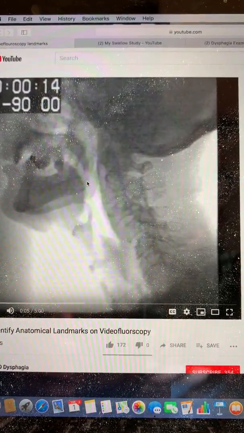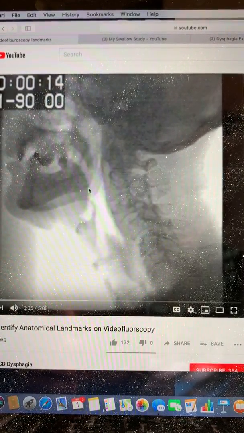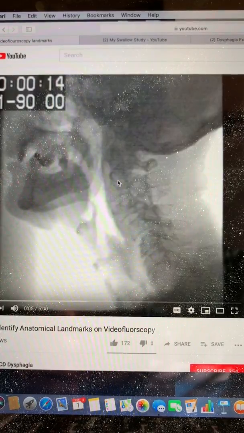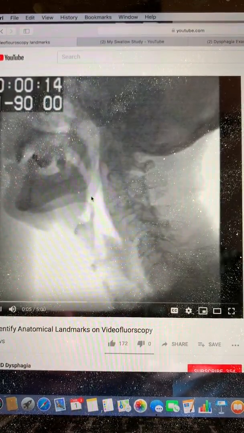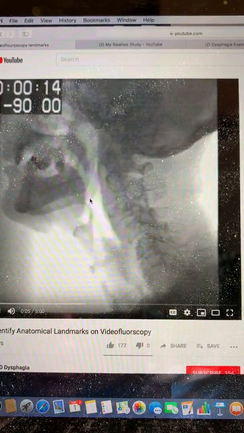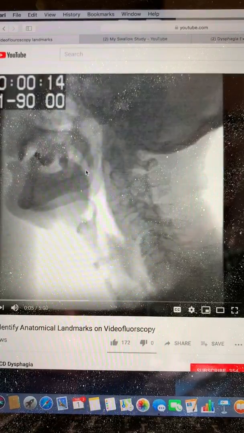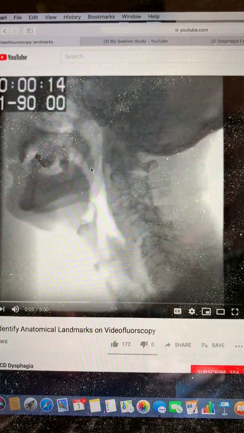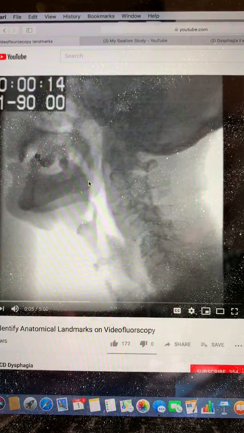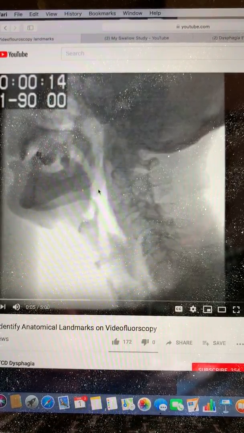Lower in the oropharynx, or the lower region of the pharynx, and epiglottal edge. So here's the epiglottis. So sometimes it won't even be triggered till the bolus gets here, in some cases. So then once it hits this point, whether that's here or the faucial arch is here, then that is no longer the oral phase, but then the pharyngeal phase.